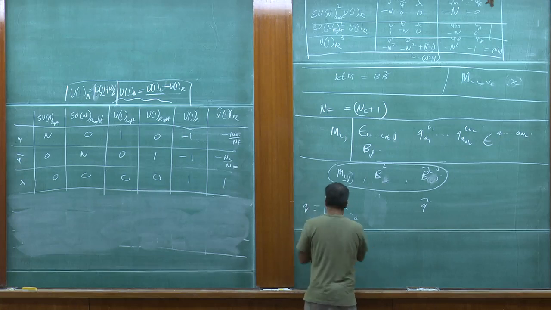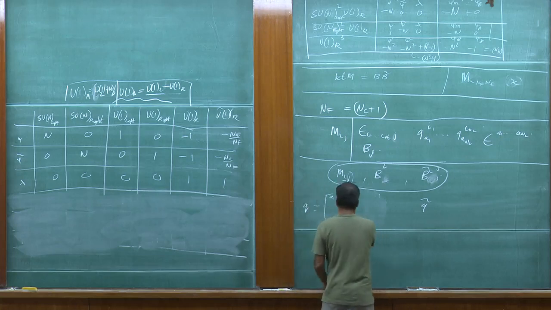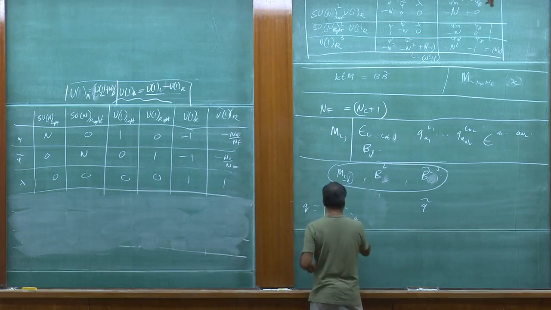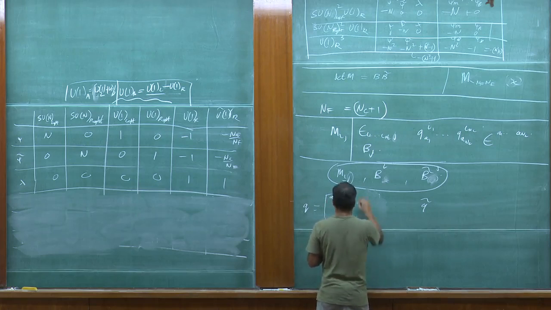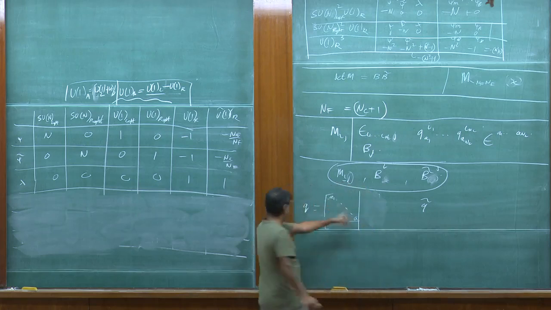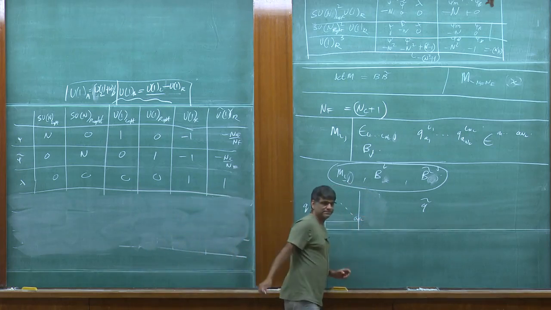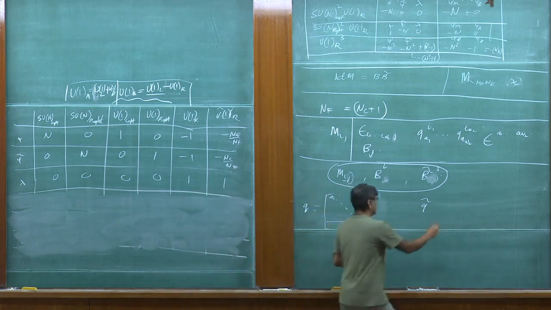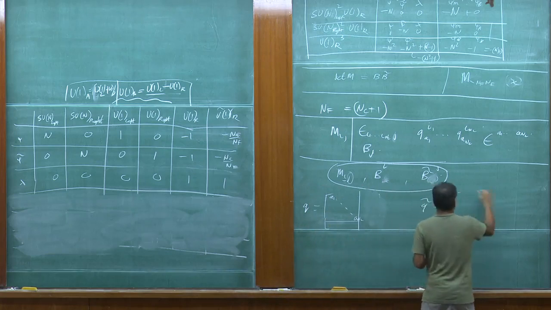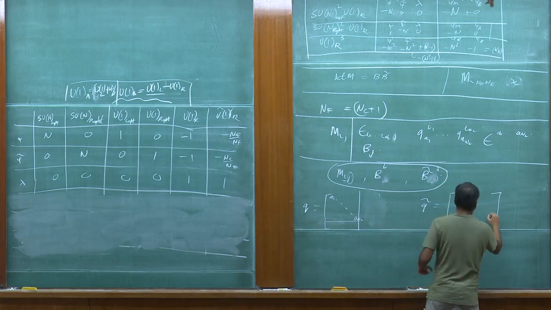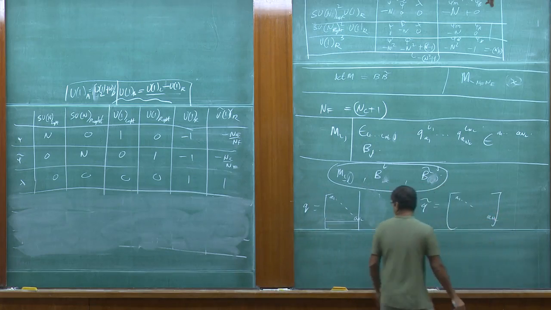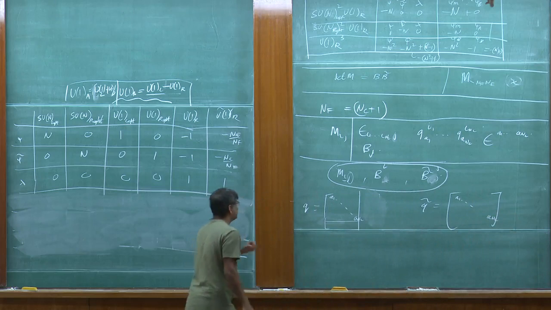I should draw it like this, right? There's one more flavor than color. So we had a_1 to a_{N_C}, and this Q tilde also took the form a_1 to a_{N_C} tilde.